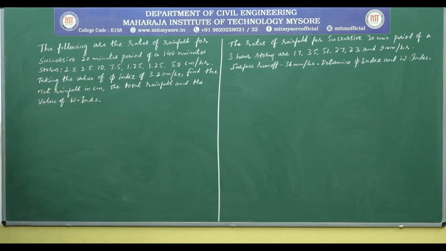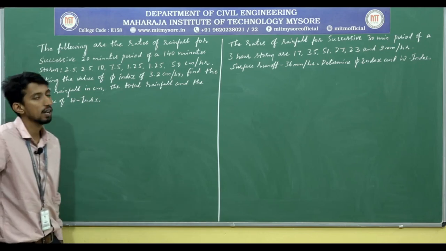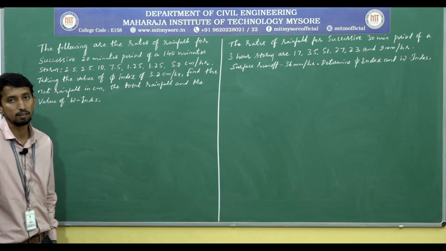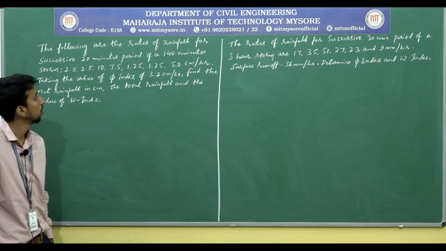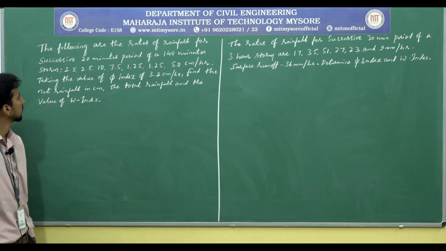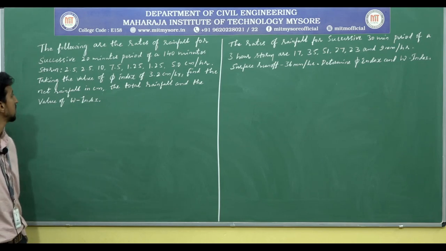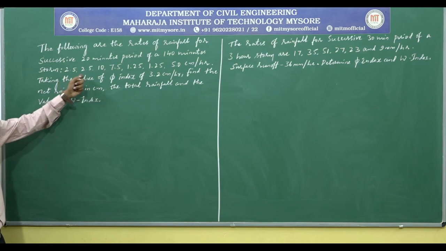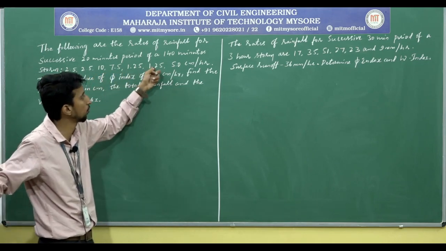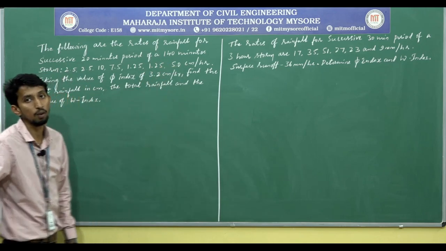The first problem: the following are the rates of rainfall for successive 20 minute periods of a 140 minute storm. The successive rainfall intensities are 2.5, 2.5, 10, 7.5, 1.25, 1.25 and 5 centimeter per hour.